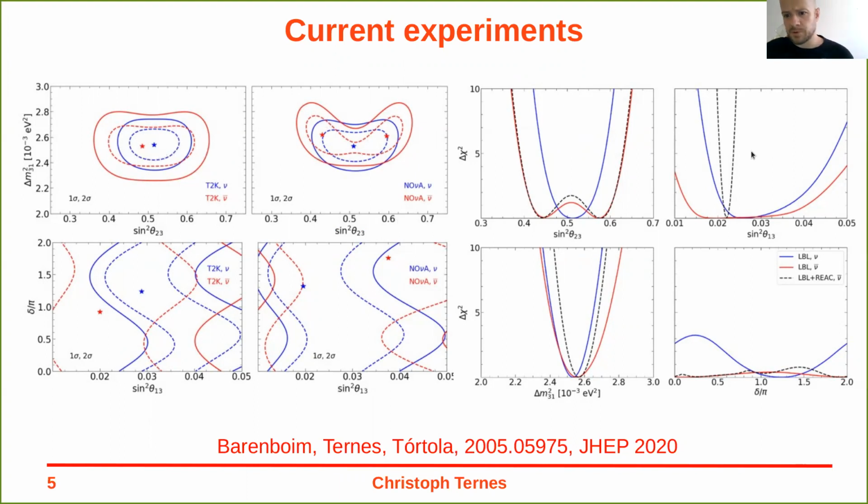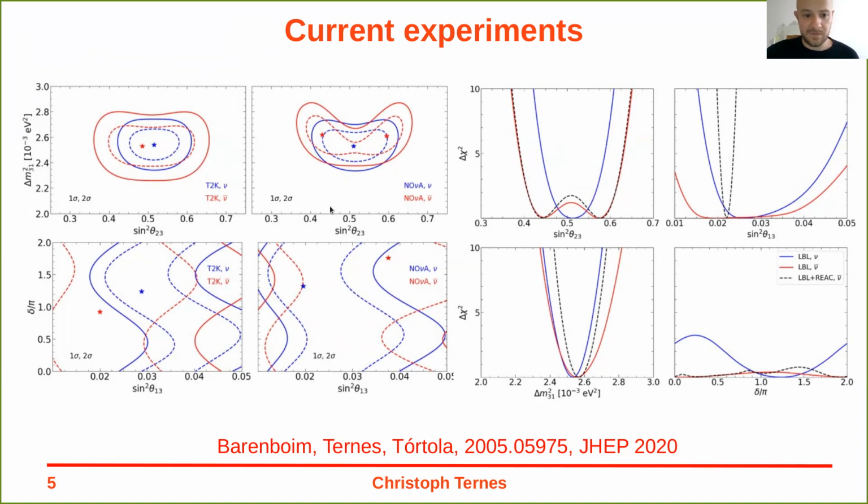On the right side, we show the profiles for the parameters for the combination of T2K and NOvA data, and the black lines correspond to the combination of T2K, NOvA, and reactor antineutrino data. So you see that there is more or less good agreement between the neutrino and antineutrino parameters.